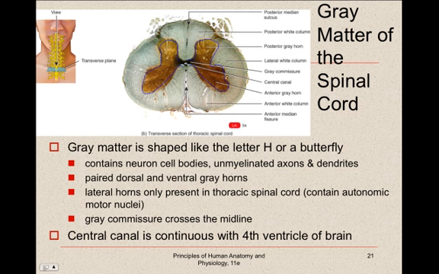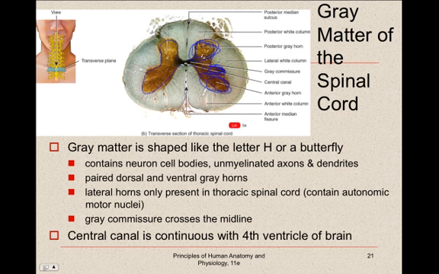So here's the anterior gray horn up here. Then we'll have the lateral gray horn, which would be right here. And then we'll have the posterior gray horn back here. Those are the horns. We also have the dorsal. I know that you probably are more likely to be using anterior and posterior, but I'll use both on the exam.